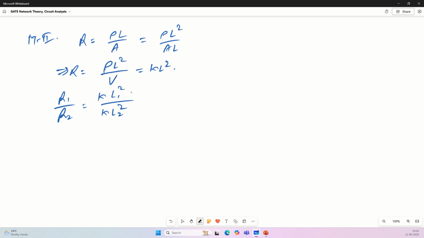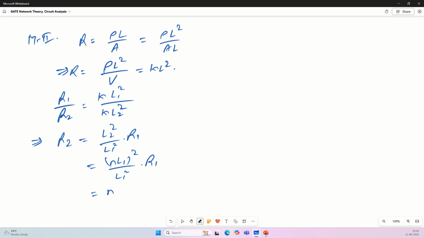Understood? So our aim is to find out what is my R2. So from here I can find it out. My R2 is equal to, K will get cancelled, so it will become L2 square by L1 square into R1. And L2 was how much? N times. So I can write it as N L1 square by L1 square into R1.